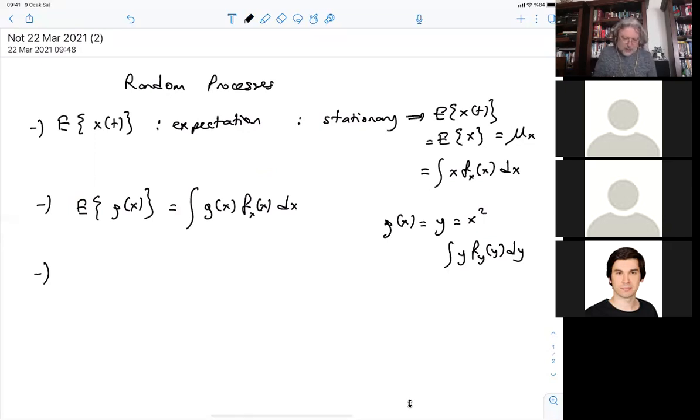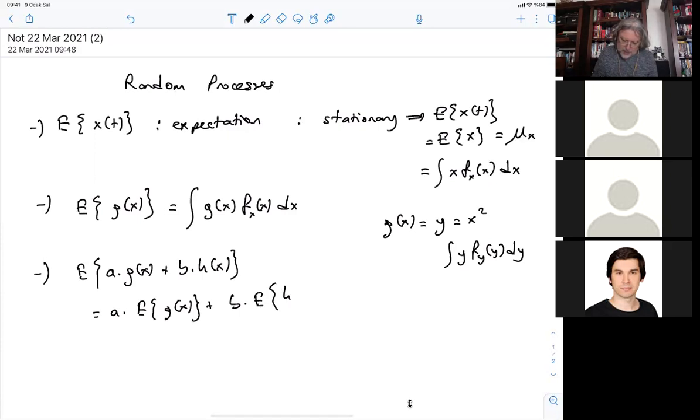The third thing that I want to mention is the linearity of the expected value operator, because it uses just an integration. And because of the linearity, usually the expectation operator can be interchanged with other linear operators like this. For example, this one is actually equal to a times expected value of g of x plus b times expected value of h of x.